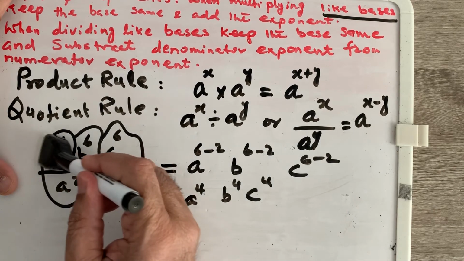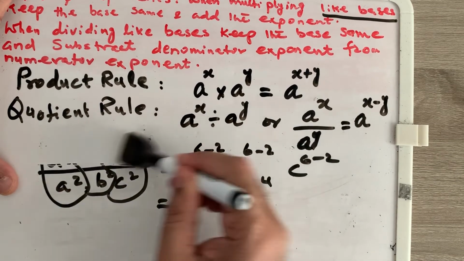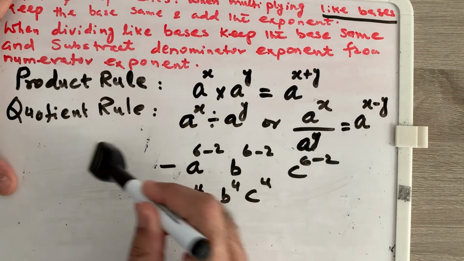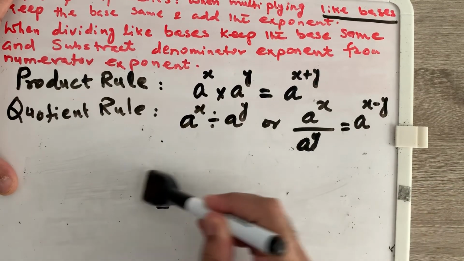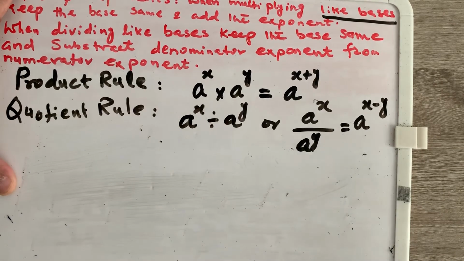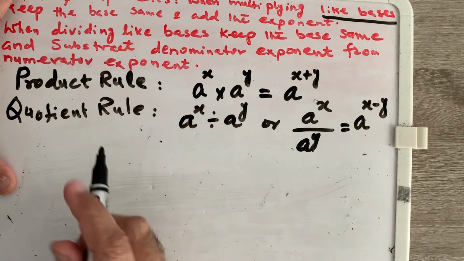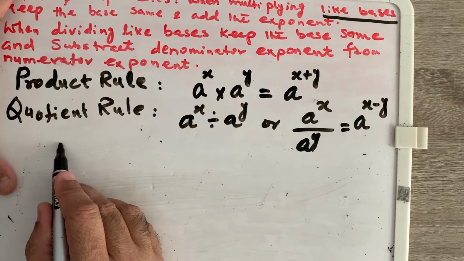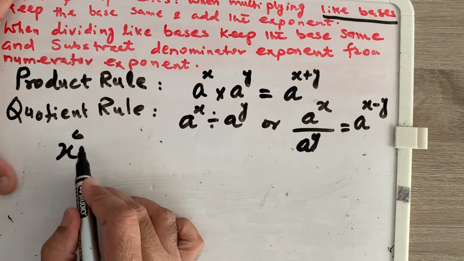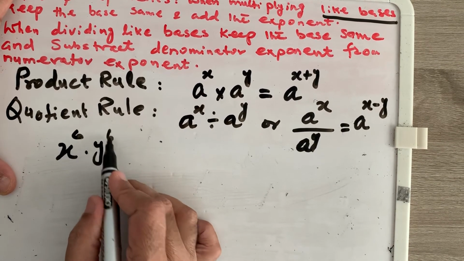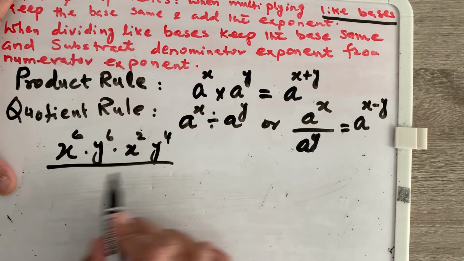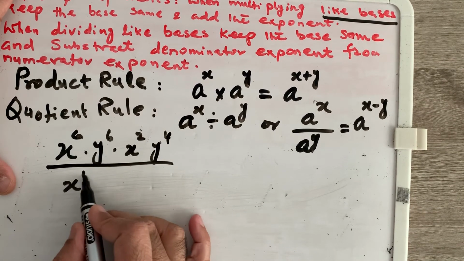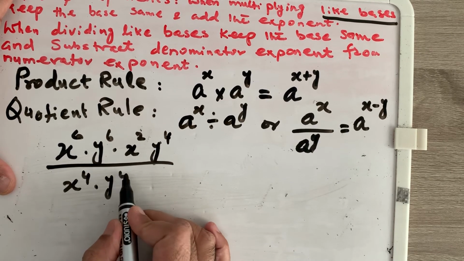So you have to consider the like bases, and here in the previous example I had different bases, so we took care of that. Now I have an example for, let's say, x power 6, y power 6, x power 2, y power 4, and in the denominator I have x power 4 and y power 4.